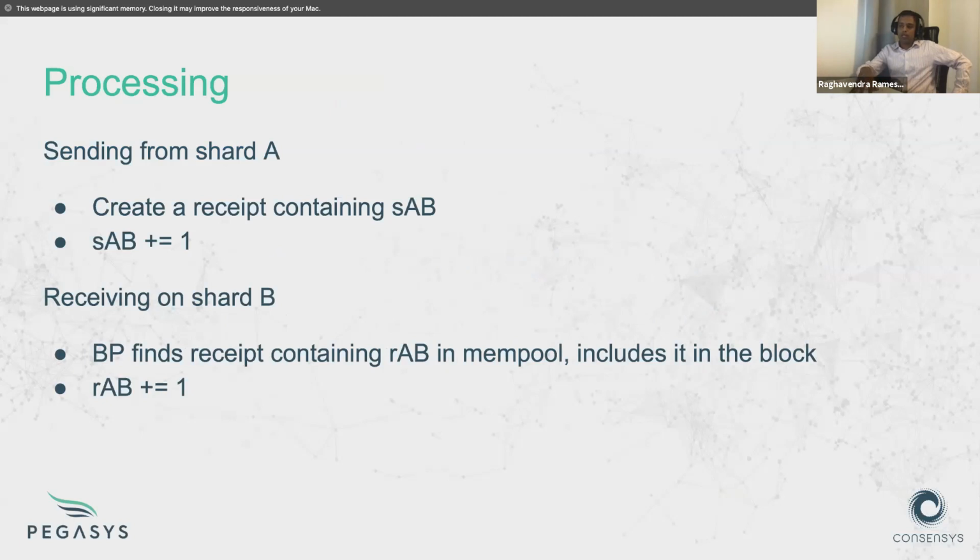And on the shard B, the block proposer, among the many receipts in the mempool, will look for a receipt specifically matching the nonce RAB. When it finds it, it is included in the block and processed, and the proposer locally increments the receiving nonce RAB. This is pretty much the idea of this approach.